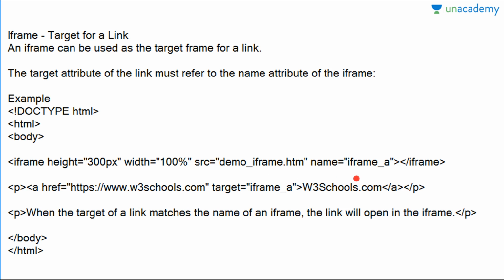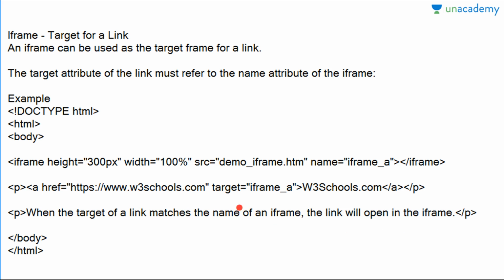Then we close the iframe. Then we write the link. It consists of p, a href equals this address, then target equals iframe_a. Here we write the target name. Then the link text, then the a tag closes. Then the p tag closes. If the target of a link matches the name of an iframe, the link will open in the iframe. P tag close.